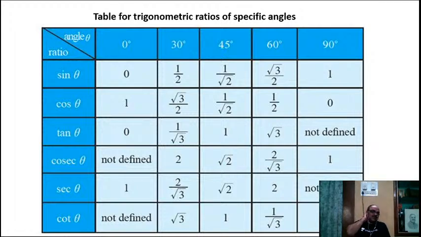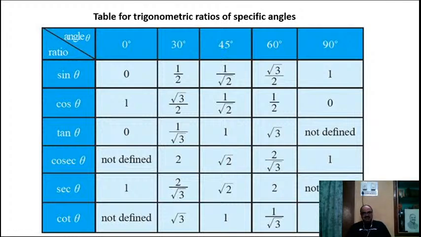So cosec 0 is not defined. Can you tell me why? It is 1 by sine theta, which is 1 by 0. Cosec 30 is 2 because sine 30 is half. All reciprocal values we are writing here.